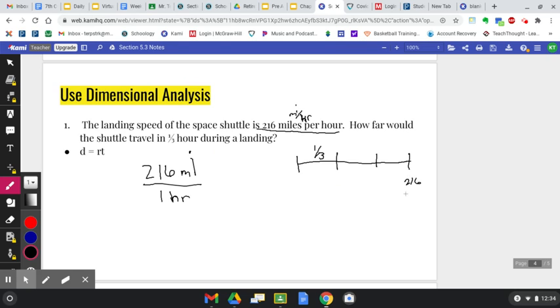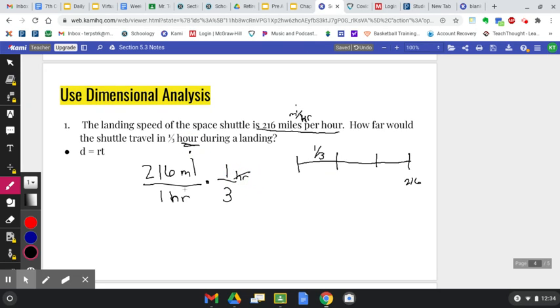So first of all, I know it's going to be less than 216, right? It's going to be a third of that, right? And so some of you might say, well, I'm just going to divide that by 3, okay? And that's completely fine. Dividing by 3 is the same as multiplying by 1/3, right? And so we're using hours here, right? This was my measurement.